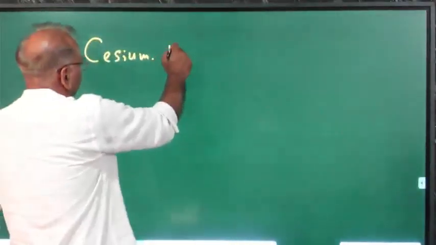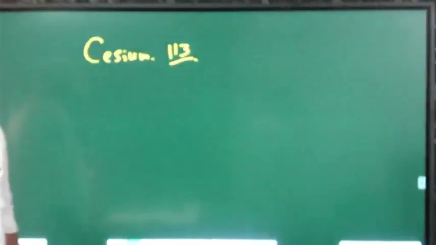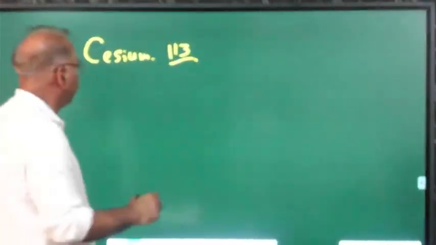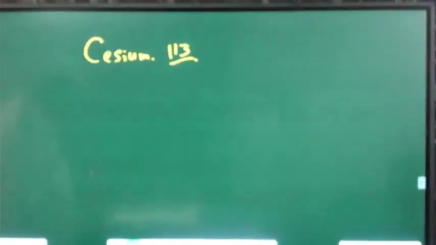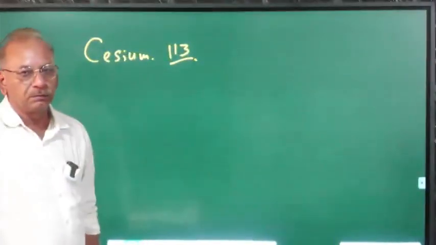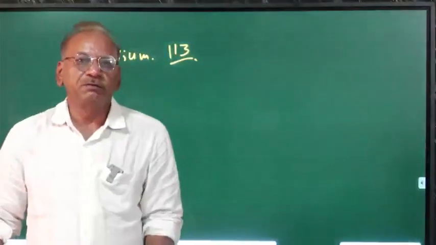Cesium 113. Not all cesium; cesium may have other atomic weights also. So one cesium atom which is having an atomic weight of 113 atomic units, what we call.